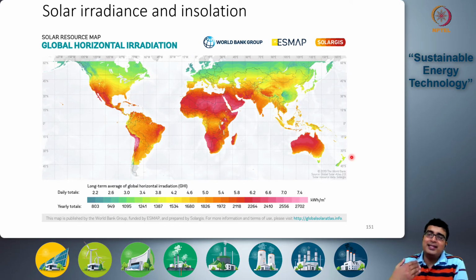And the reason is these regions are relatively dry and arid, so they have low cloud cover. Clouds of course reflect a lot of the sunlight back, so you should not have clouds if you want good sunlight.